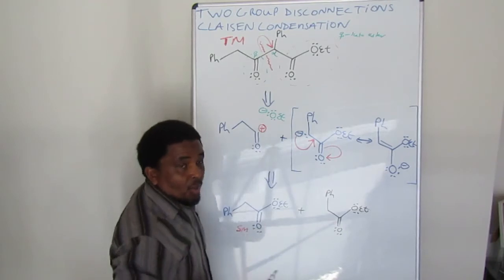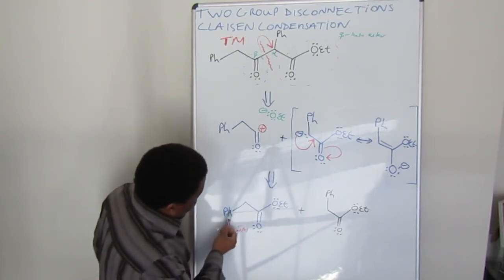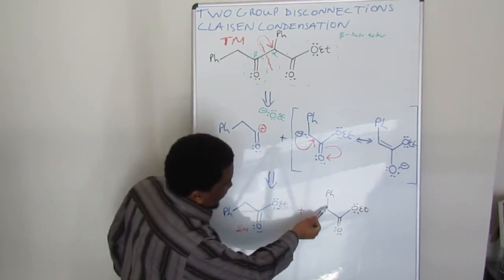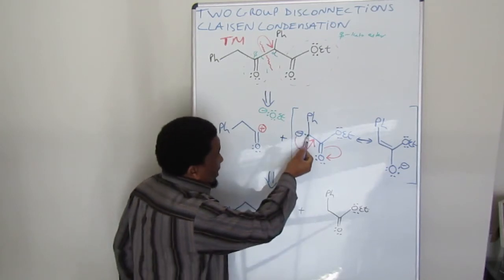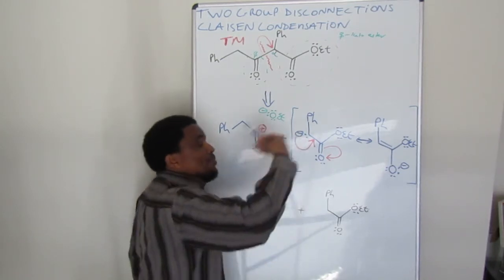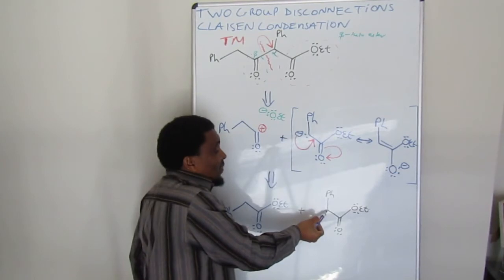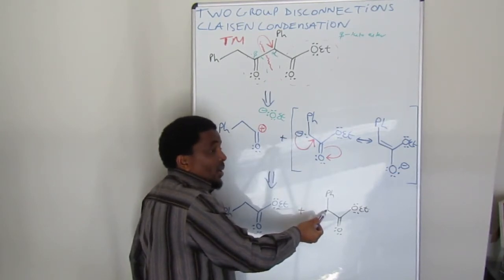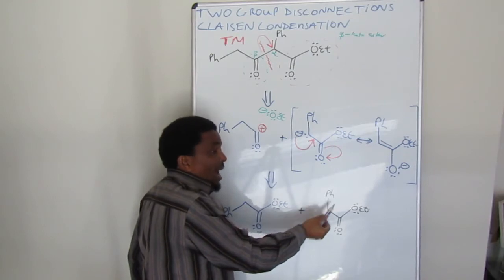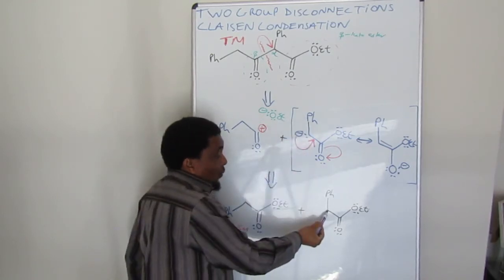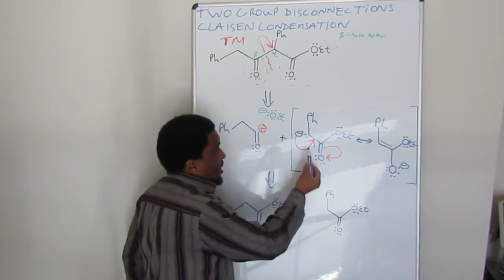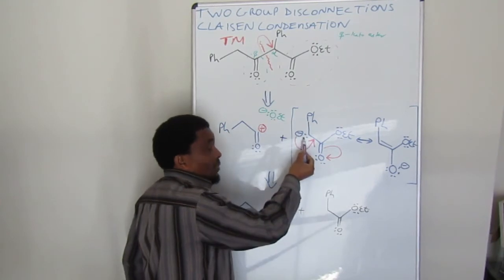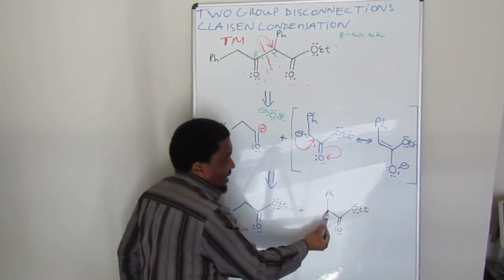Now can you see we end up with Ph, CH2, Ph, and this was our CH minus. So we must have had an abstraction of this proton in the alpha position here. So this must have been CH2 before it became CH minus.